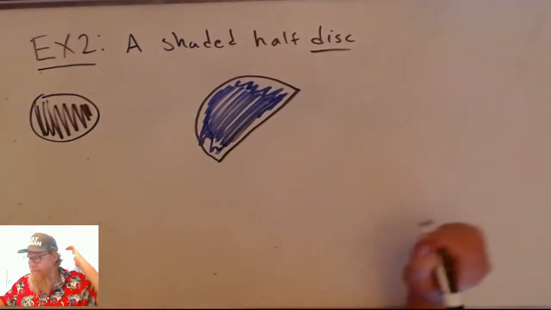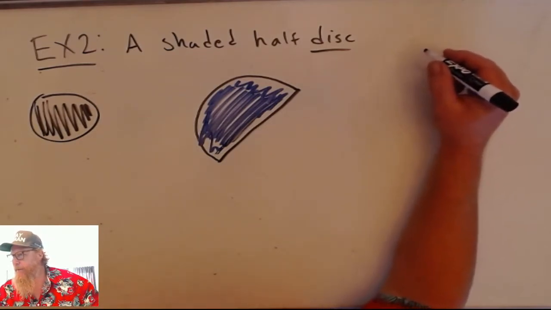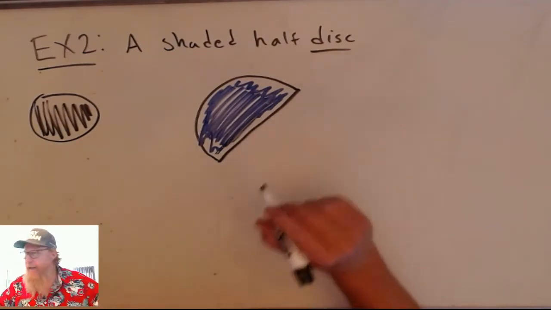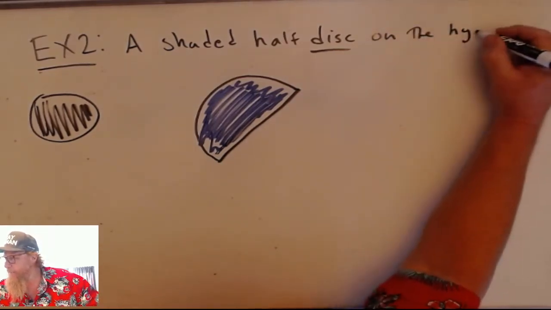A shaded half disk is on the hypotenuse of a right triangle. We're going to try to find the area.